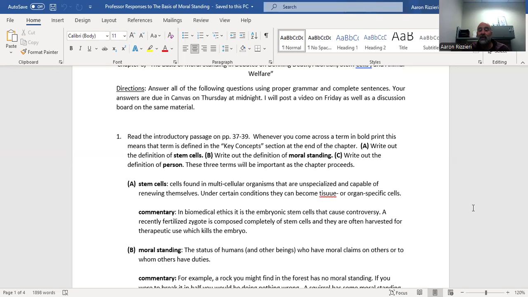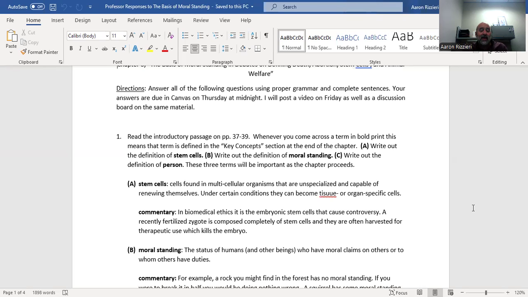I note that whenever you come across a term in bold print, this means that term is defined in the key concepts section at the end of the chapter. So I give you 3 definitions to go track down. Knowing the definitions as you proceed through the chapter will definitely increase comprehension.